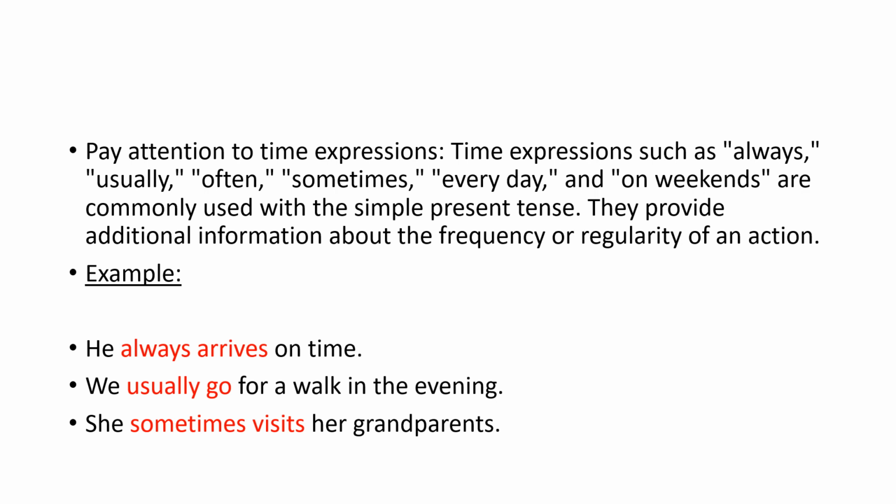For example, he always arrives on time. We usually go for a walk in the evening and she sometimes visits her grandparents demonstrate how these time expressions indicate an action's frequency or regular occurrence. Incorporating these time expressions adds depth and clarity to the simple present tense.